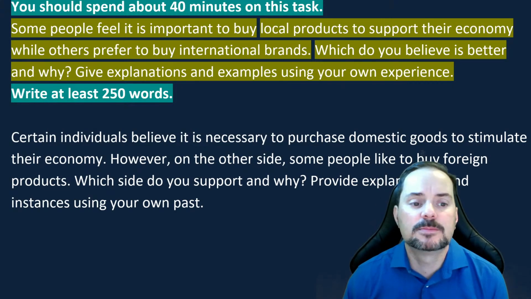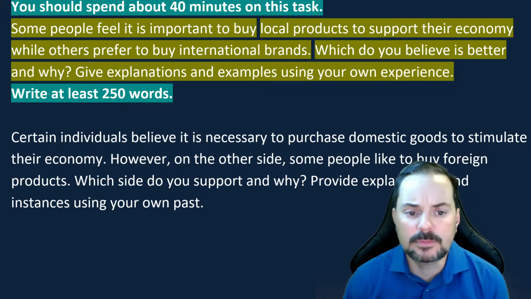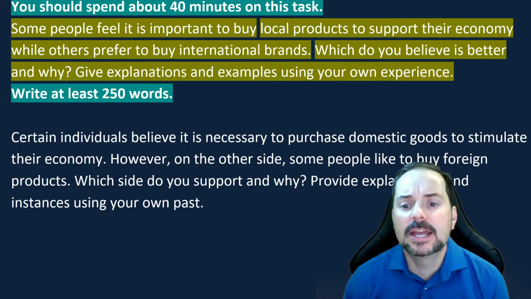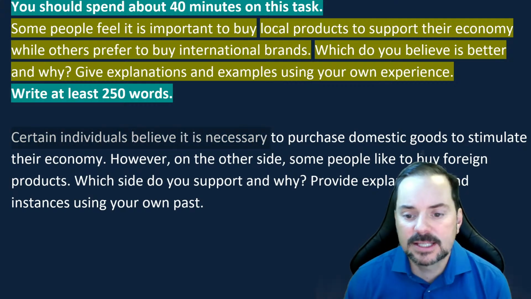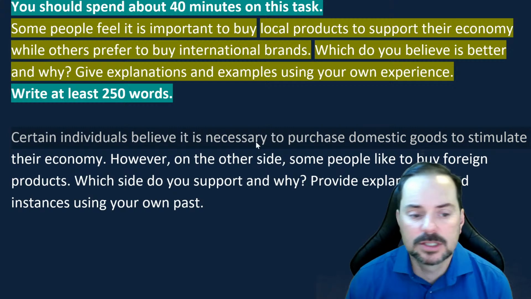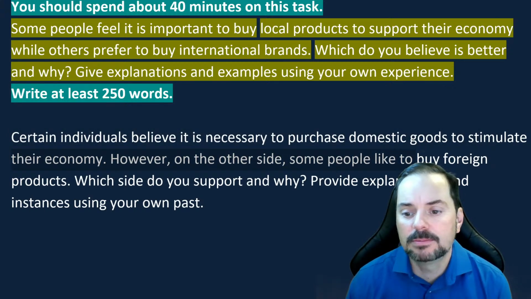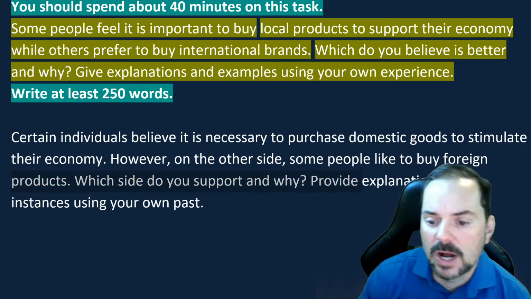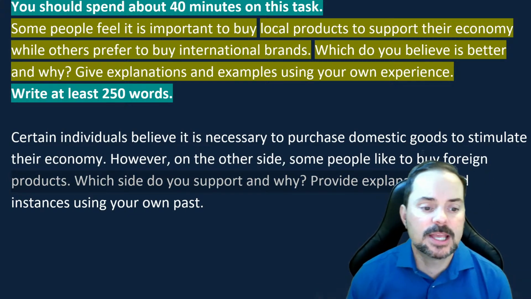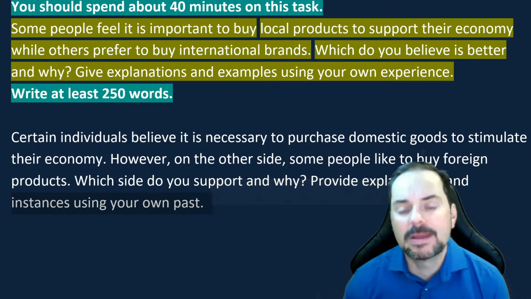Which do you believe is better and why? Give explanations and examples using your own experience. Certain individuals believe it is necessary to purchase domestic goods to stimulate their economy. However, on the other side, some people like to buy foreign products. Which side do you support and why? Provide explanations and instances using your own past.